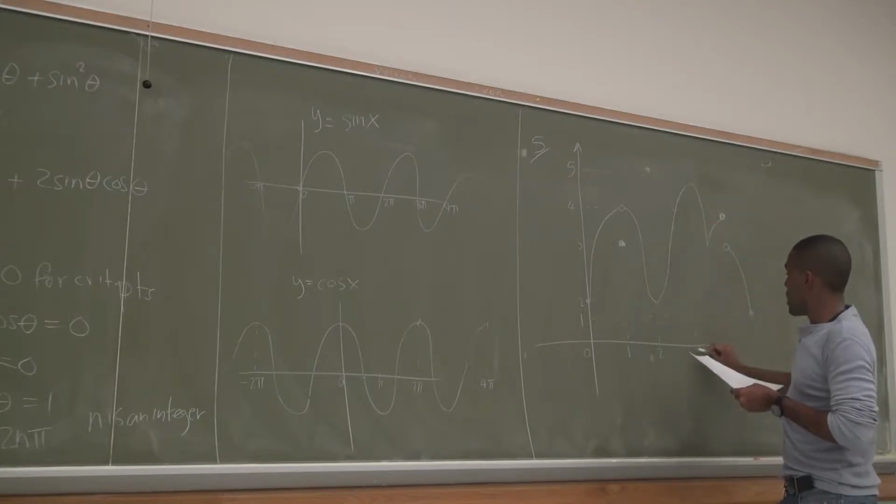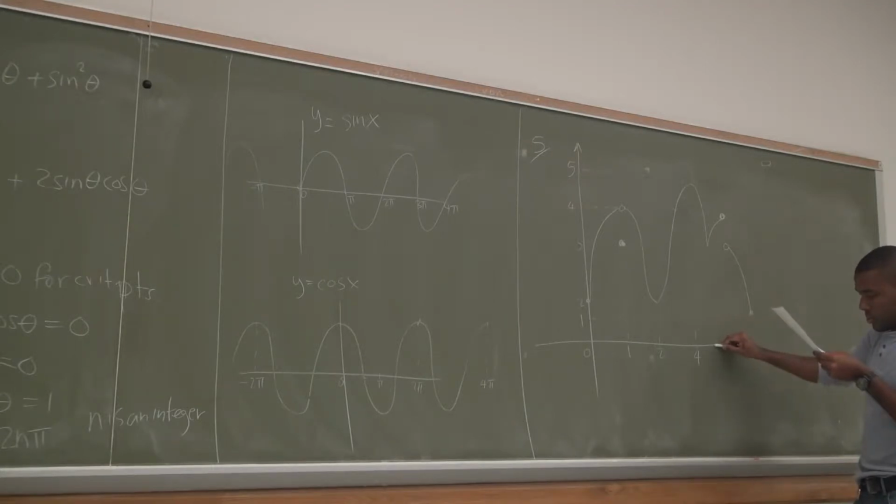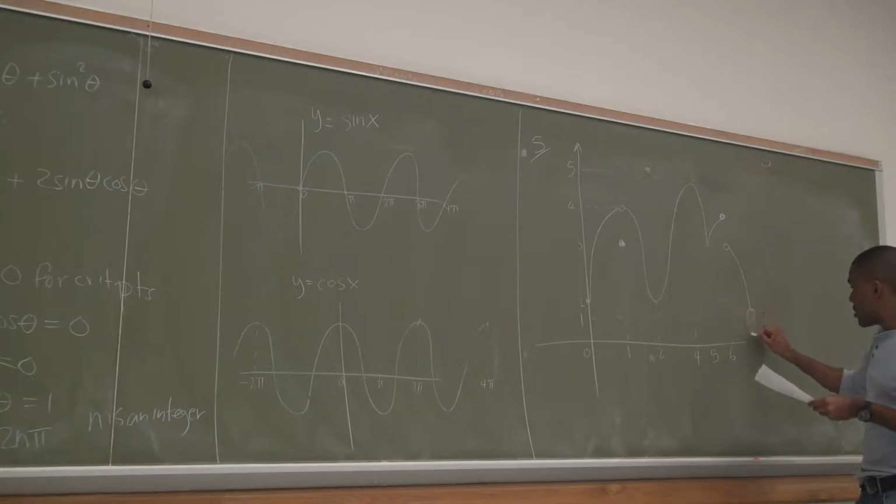This happens at 4, this at 5, this happens at 6. And this is an open circle that happens at 7.